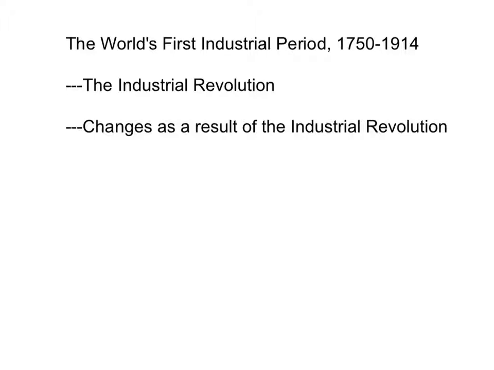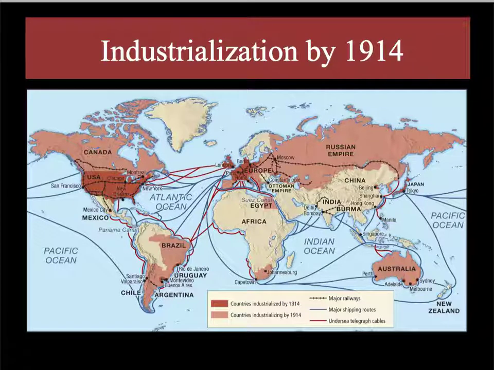The manufacturing happened in the West, while the rest of the world provided the raw materials, at least at the first stage of industrialization. Here on this map you can see which areas were fully industrialized by 1914 and which were in the process of going through the first stage of industrialization.